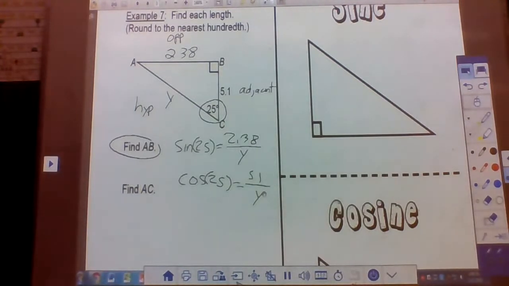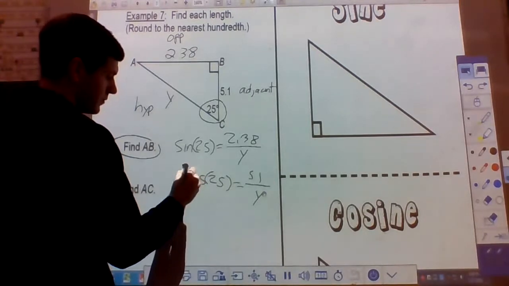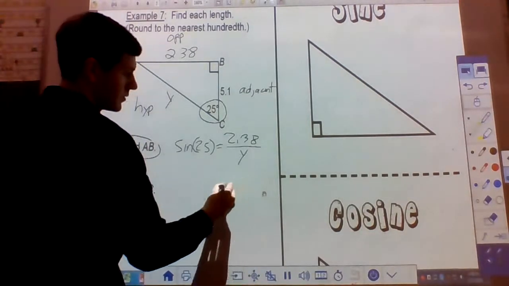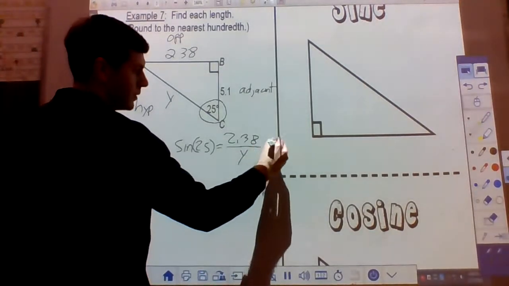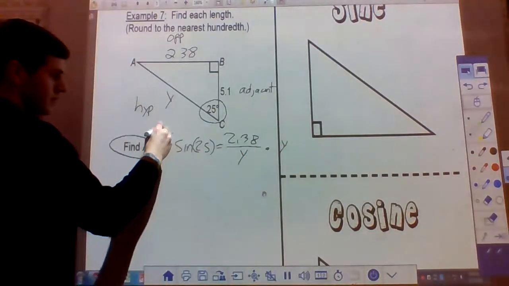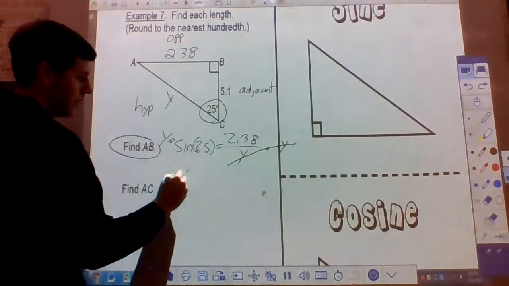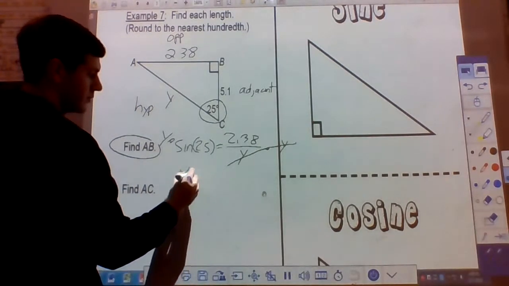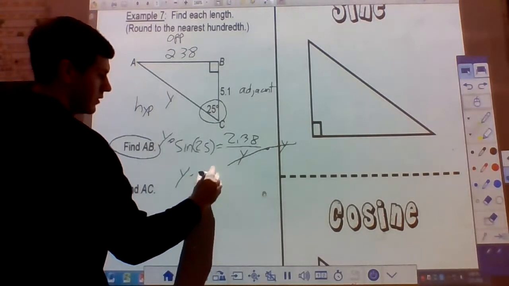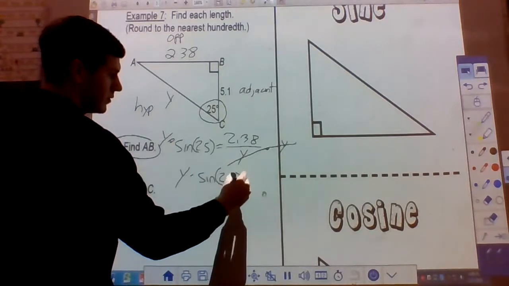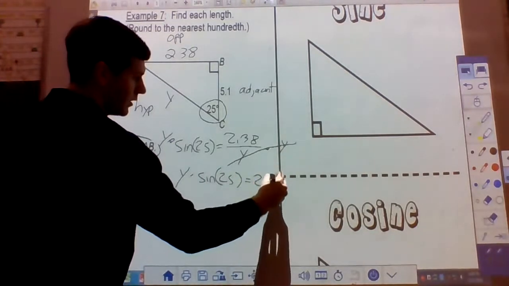Let's just do it the first way with sine, because I have it written first. Multiply both sides by y. The y's on this side are going to cancel. We get y times sine 25 equals 2.38.